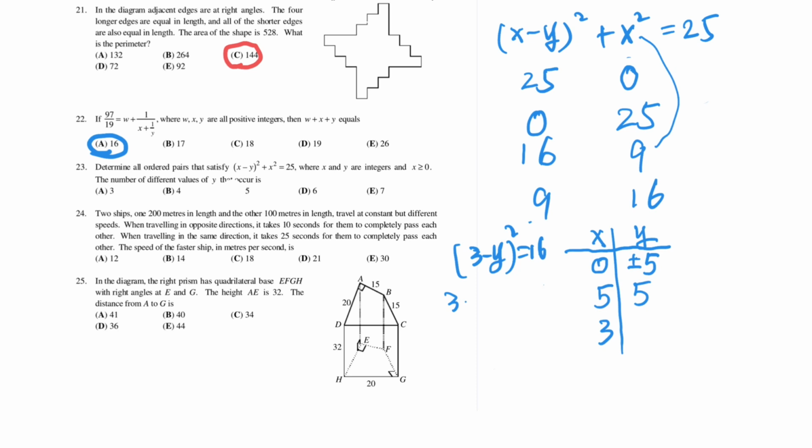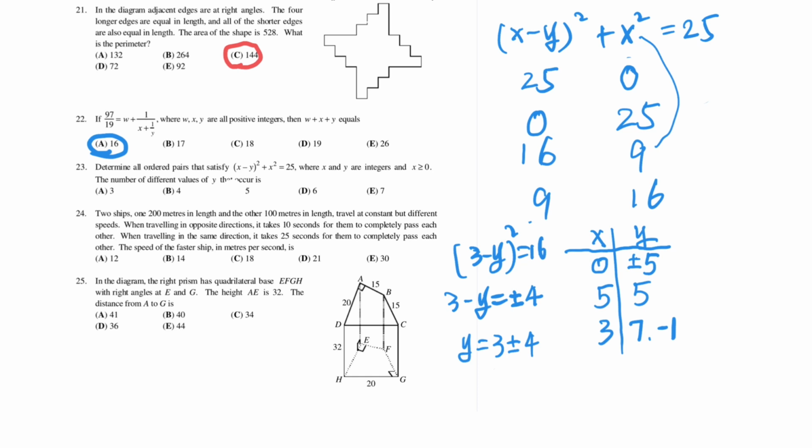So 3 minus y equals positive or negative 4, and y equals 3 minus or plus 4. That means y can be 7 or negative 1.